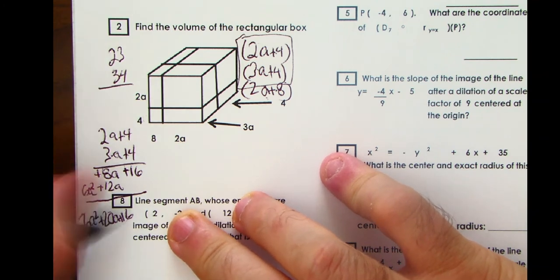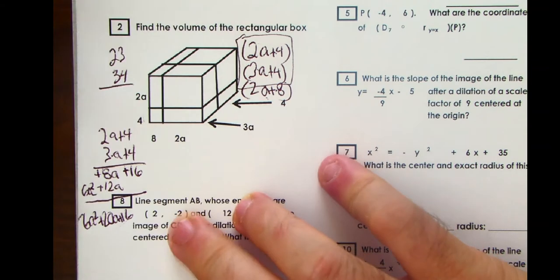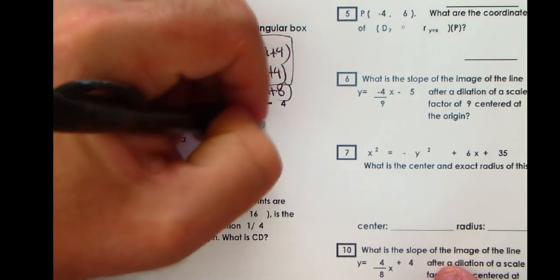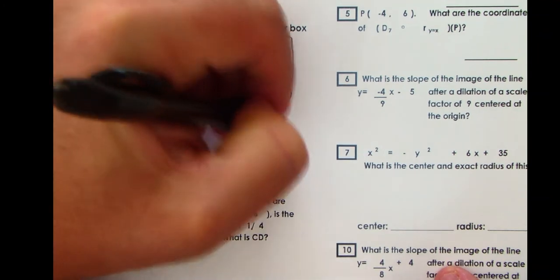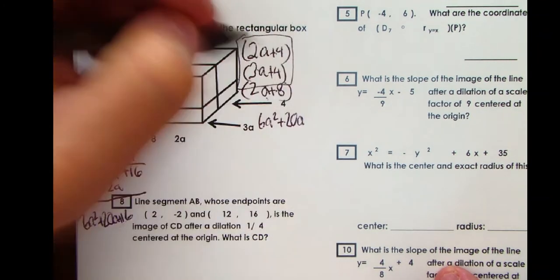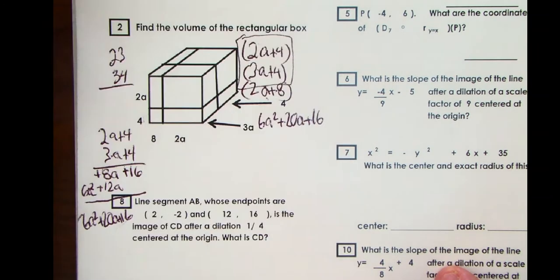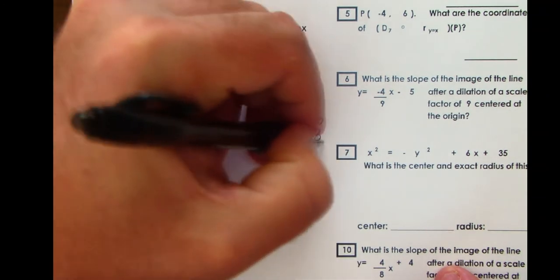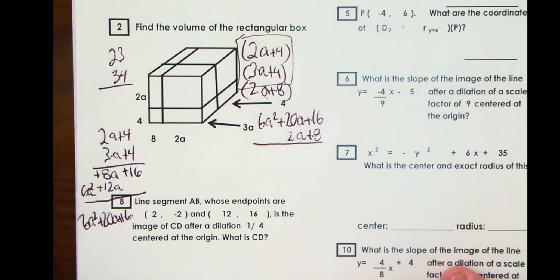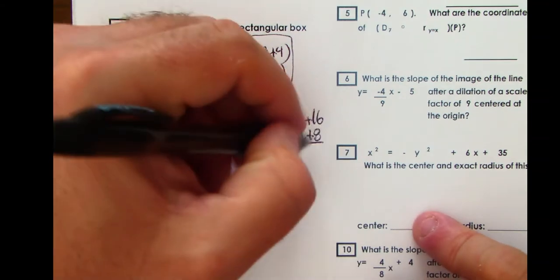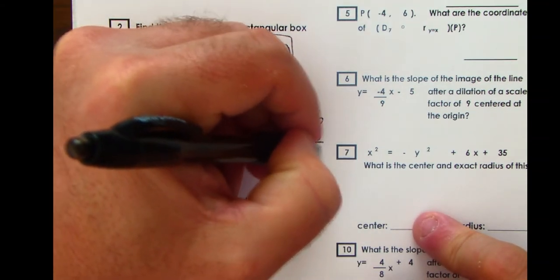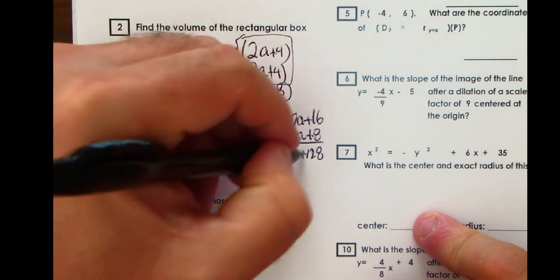Now I take that answer and multiply it by the 2a plus 8. So I'm going to do that up here: 6a squared plus 20a plus 16, multiplied by 2a plus 8. We do the same steps again. 8 times 16 is 128, that's a positive.